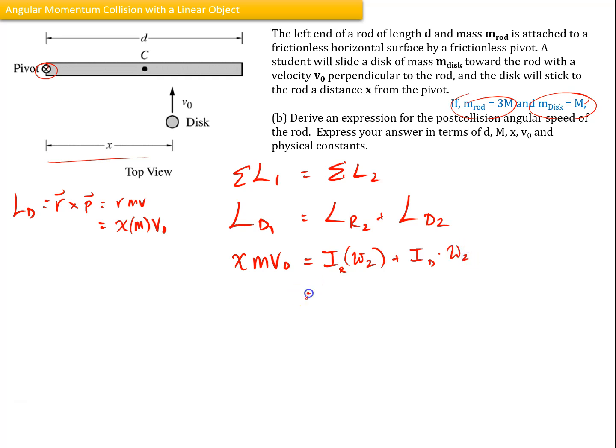Now if we expand these a little bit farther, we get x m v naught equals the moment of inertia of the rod, which we said was 1/3, and the mass of the rod was 3m, and the length of the rod was d, so d squared times omega 2, plus, since the disk is a point mass, this is just m x squared times omega 2.